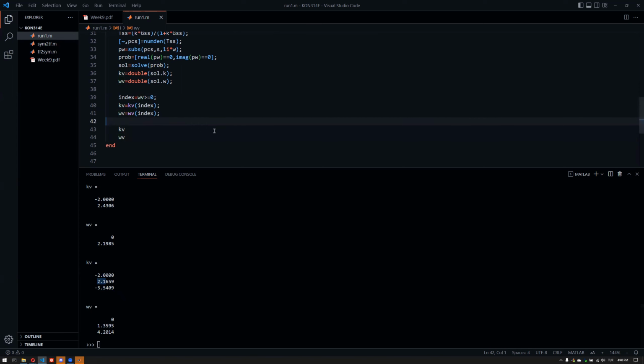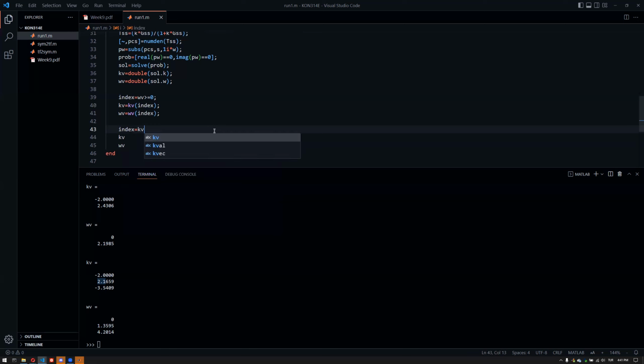So let's call it kvp for positive values. Let's take the index here: kv greater than, or greater than or equal to, 0. Yeah, let's have that. Let's have kvp here, so positive values of kv.